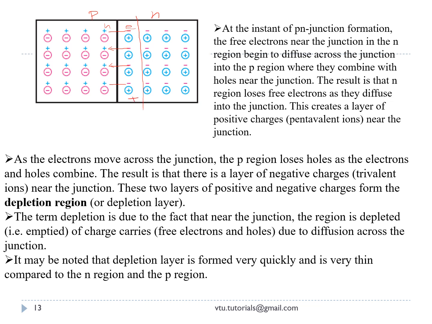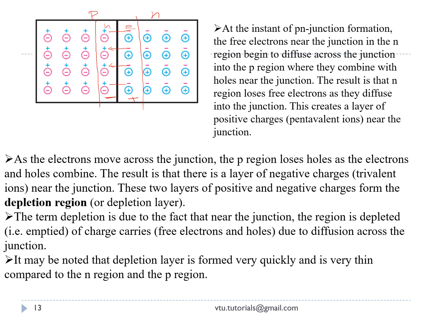And when we look at the p-type, when electrons combine with the holes, these atoms will be negatively charged. And further, the electrons of the n-type cannot move into the p-type as these ions will repel them. So there will be repulsion and no further movement of electrons.